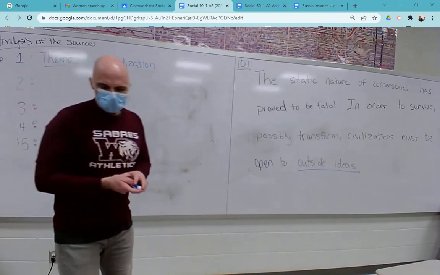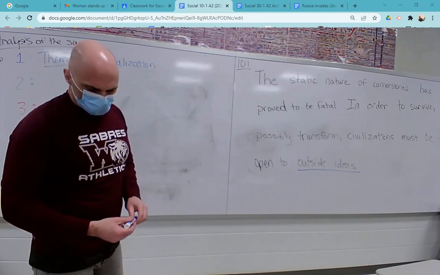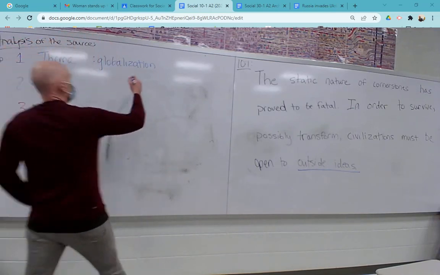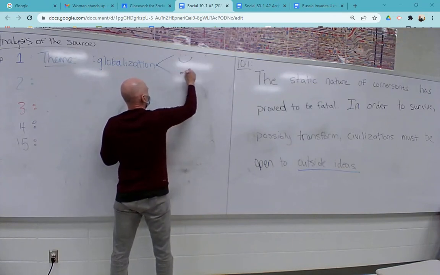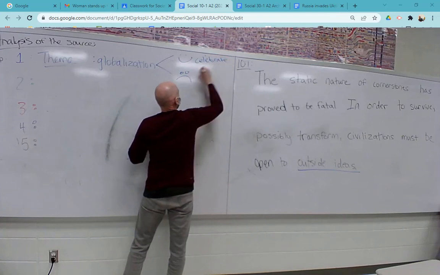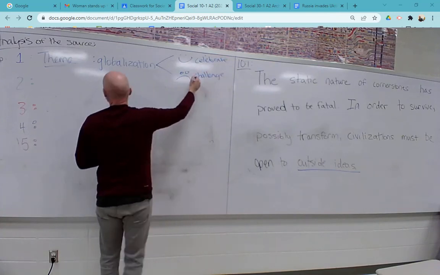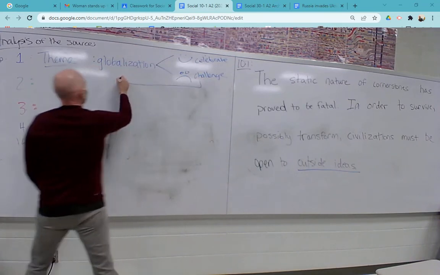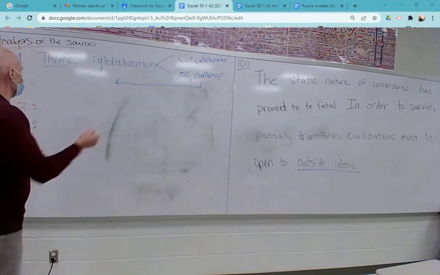Once we've identified the theme, then we might look at it and say, is it celebrating or is it challenging the theme? If it's challenging it, then there's going to be an issue presented.